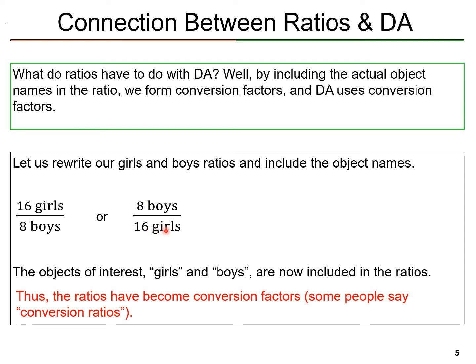Thus, we have a new conversion factor. Now notice we have the same two pieces of information, but what was originally in the numerator has become the denominator, and what was originally in the denominator has become the numerator. Thus, the objects of interest, girls and boys, are now included in the ratios. By including the objects of interest in the ratios, we form conversion factors.